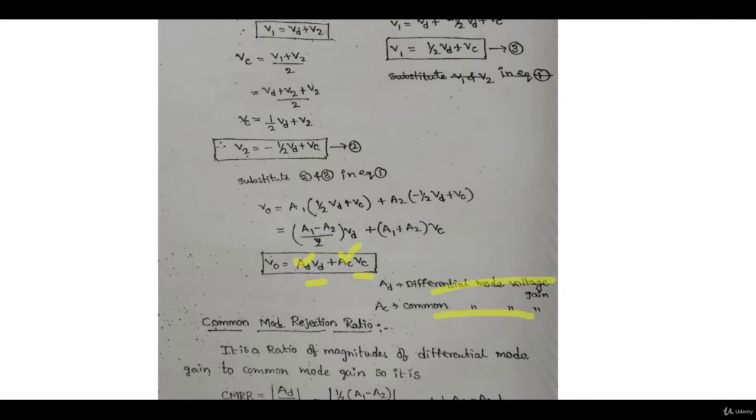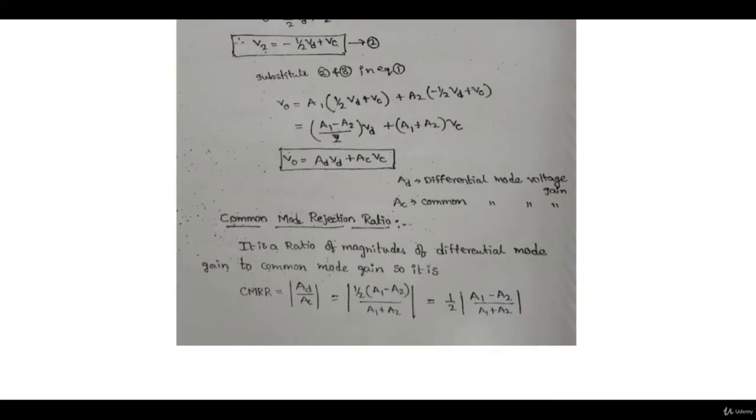Now the common mode rejection ratio, which is the ratio of the magnitude of differential gain to common mode gain, is written as CMRR is equal to mod of AD divided by AC. These are standard terms which you will use again and again when dealing with op amps. These are parameters which define a good op amp, and CMRR should be as high as possible in the practical case.